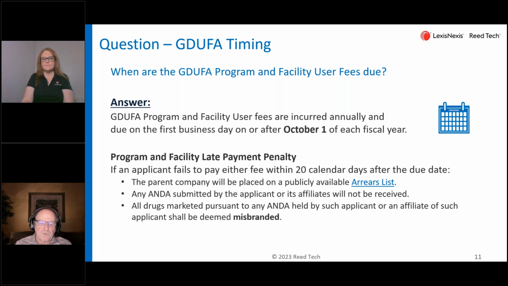You would not be able to import that product into the U.S., so it's a customs issue. And there's some other things about being misbranded. It can be elevated. There's seizures possibly, and anyway, you just really don't want to go into that misbranded category.